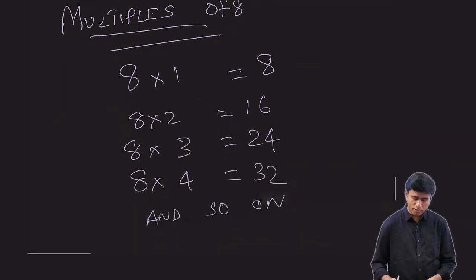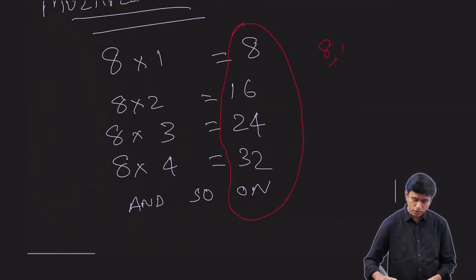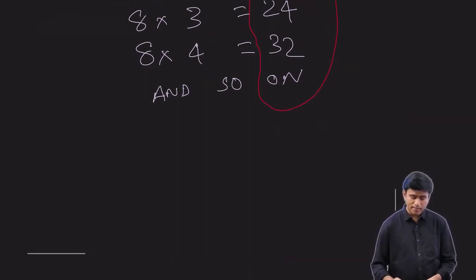So the multiples of 8 are 8, 16, 24 and so on. That's how you find the multiples of a given number.